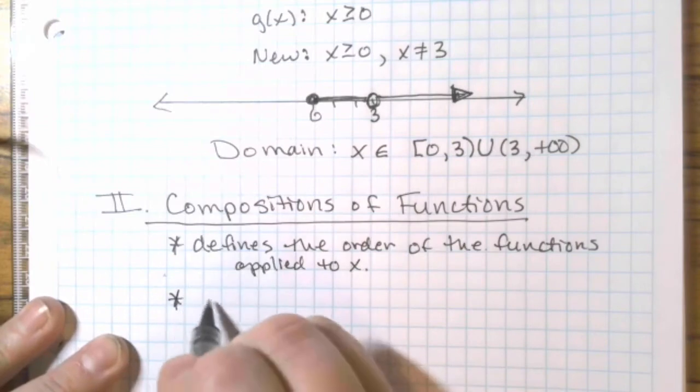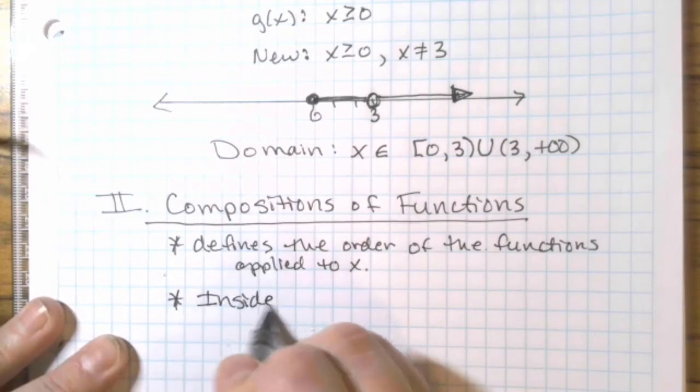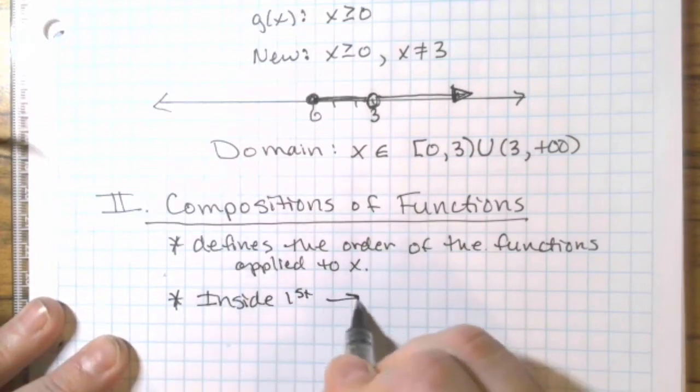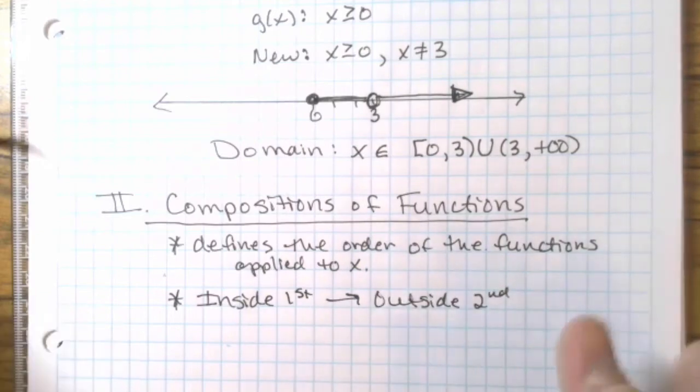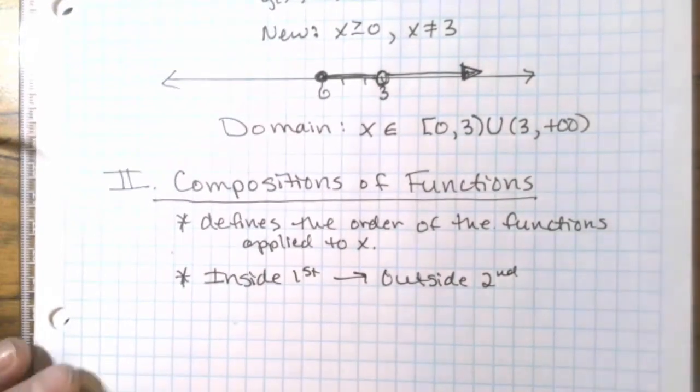That order is always inside comes first, and then the outside comes second, and you could have something that comes third, fourth, or fifth. Okay, so notation.